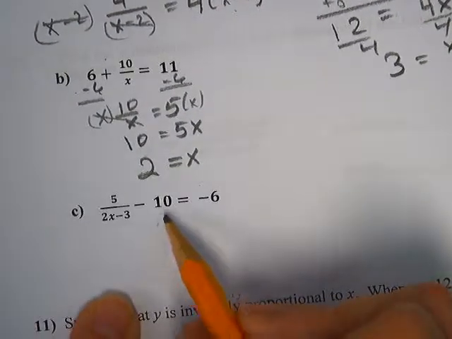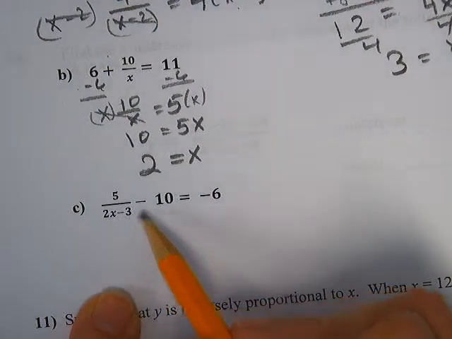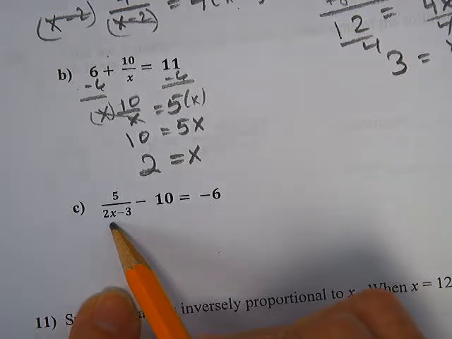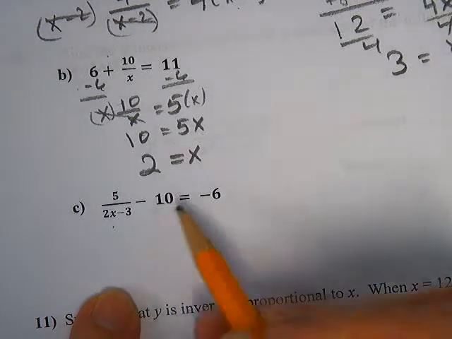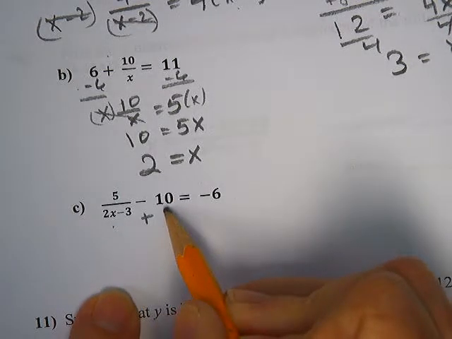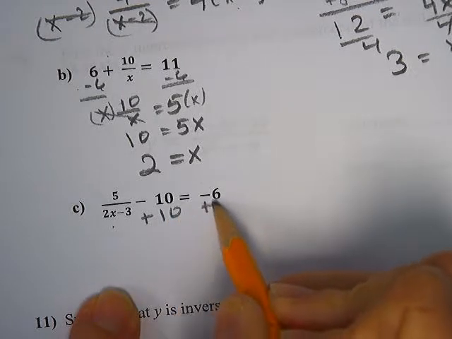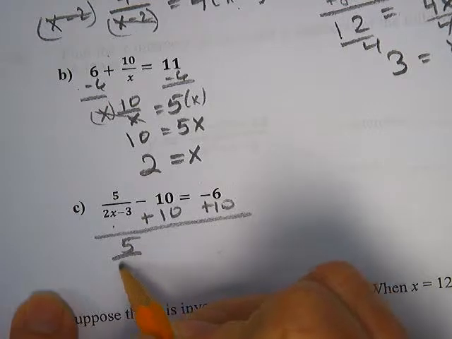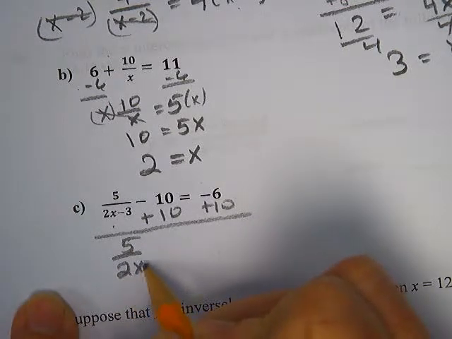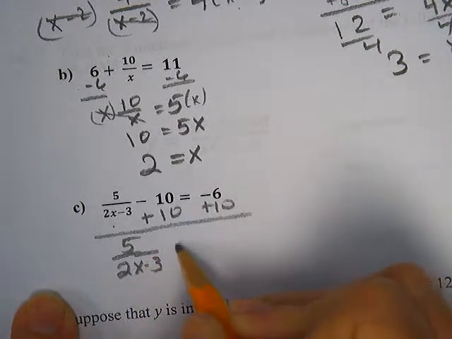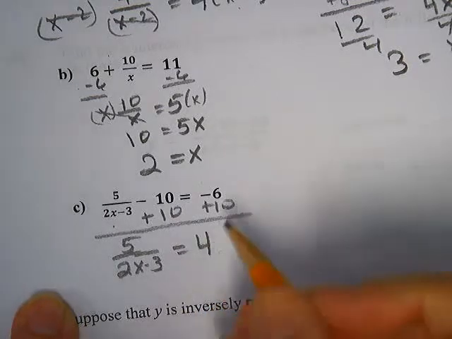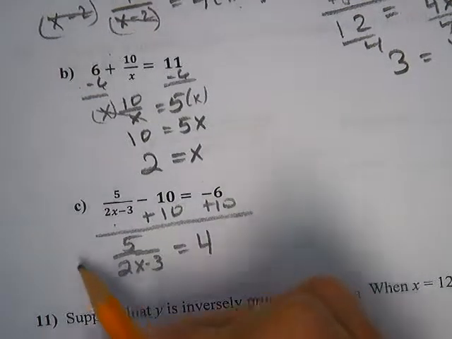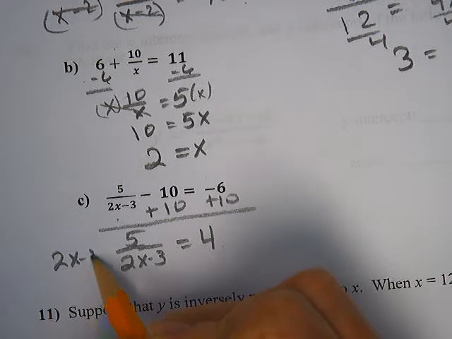Okay, in part C, once again, I have a number and a rational on the same side, so I'm going to move the number over, the whole number, by adding. Now I've got 5 divided by 2x minus 3 equals 4. I'm going to multiply both sides by the 2x minus 3.